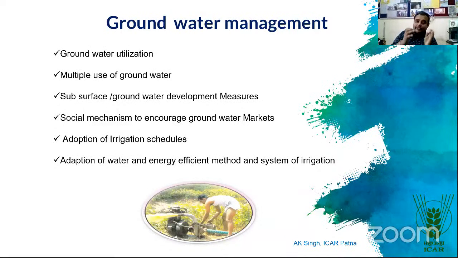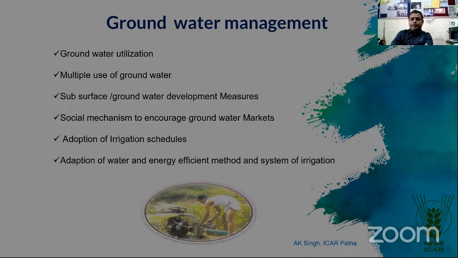A social mechanism is to be encouraged for groundwater marketing, because water pricing and water budgeting is required. Adoption of irrigation schedule is much more required, because water is very pricey. Adoption of water and energy efficient methods and systems for lifting the water.